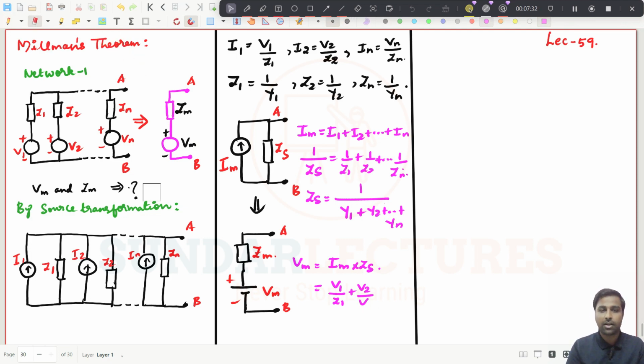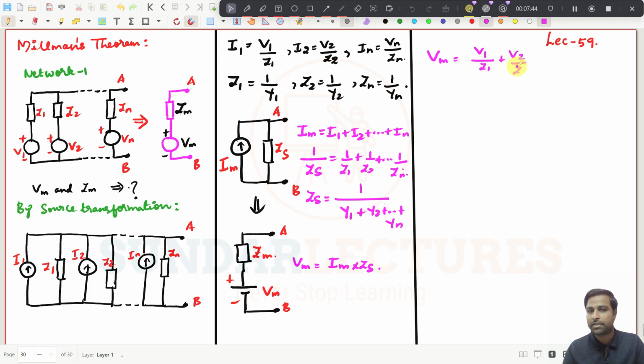Maybe I will write it down here in a new space. So Vm is equal to V1 by Z1 plus V2 by Z2 plus, going on to Vn by Zn, whole multiplied by Zs, which is 1 divided by this.